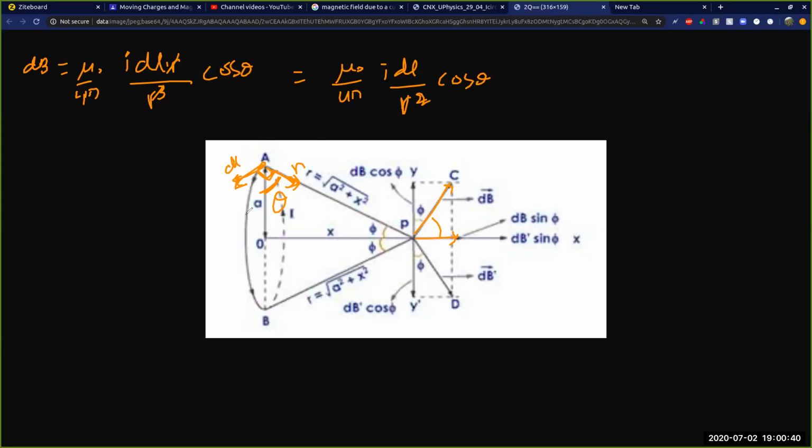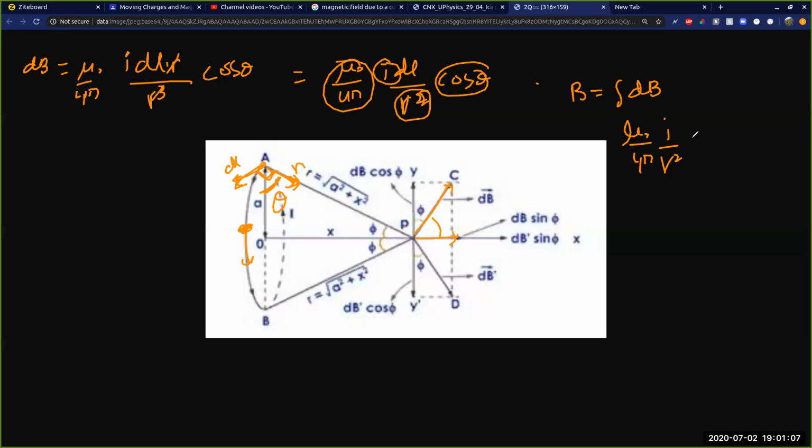Now if you do it for a different point, what is going to change in this? Is theta going to change? No. Is R going to change? No. Is I going to change? No. Dl will change. So the net magnetic field is integral dB, which is mu naught by 4 pi I by R square cos theta times integral dl.